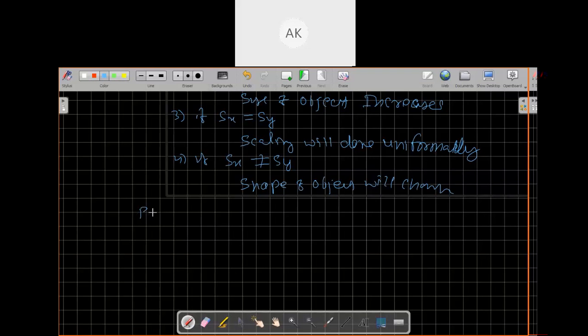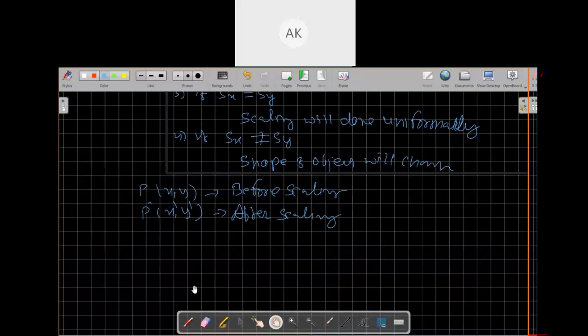It will not remain a square. On one axis it changes by one factor, and on the y axis by a different factor, so ultimately the shape of your object will change. But when these values are the same, the change in both directions will be equal, so it will always remain a square. We will see this in an example for more clarity.